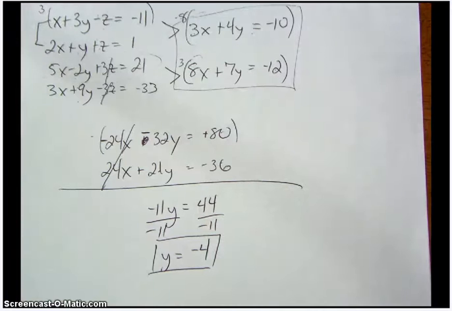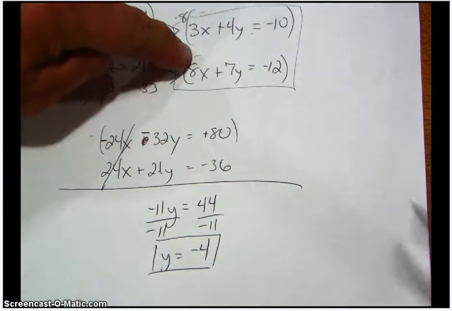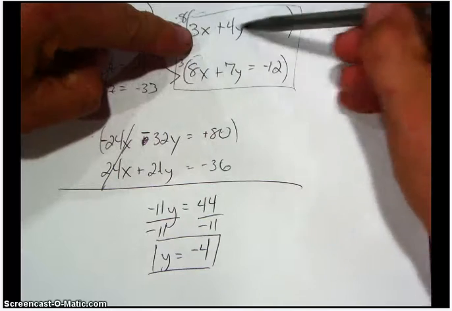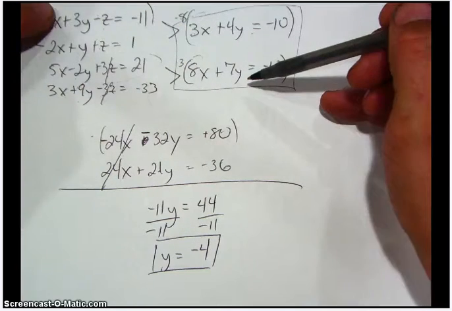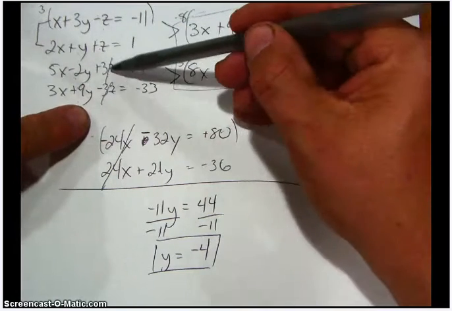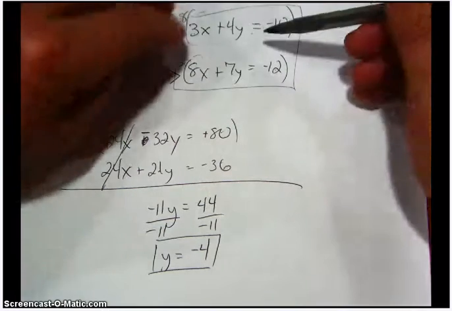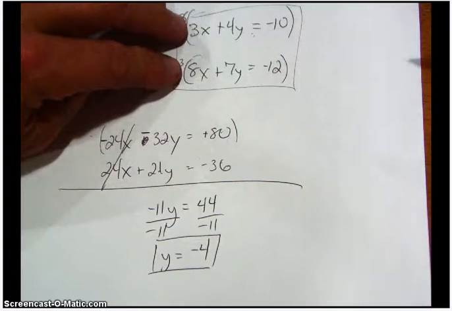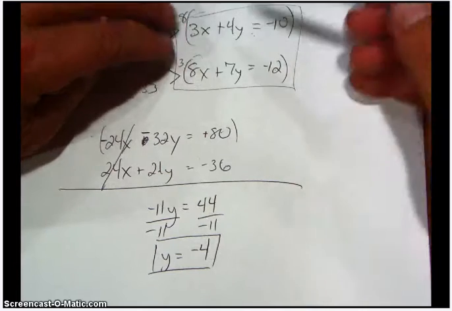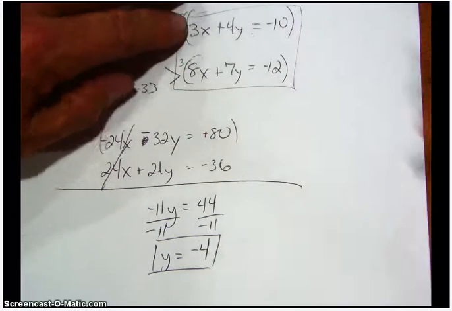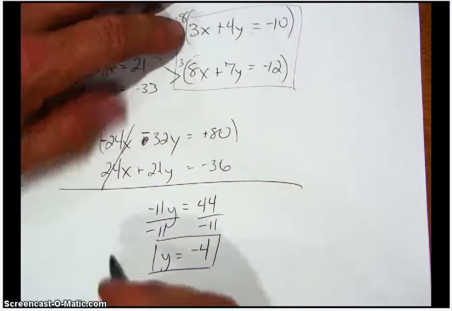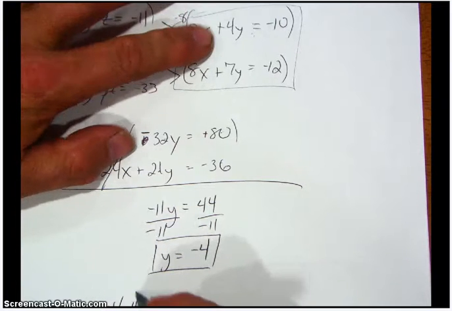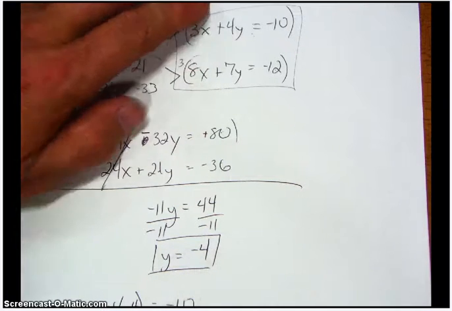To find the next one, we're going to go back to this system, because they only have 2 variables. We don't want to go in the original equations because we have y, but we have no idea what x or z is. It doesn't matter which one you pick; you'll come up with the same value. So let's plug in negative 4 for y and use the top one. We get 3x plus 4 times negative 4 equals negative 10.